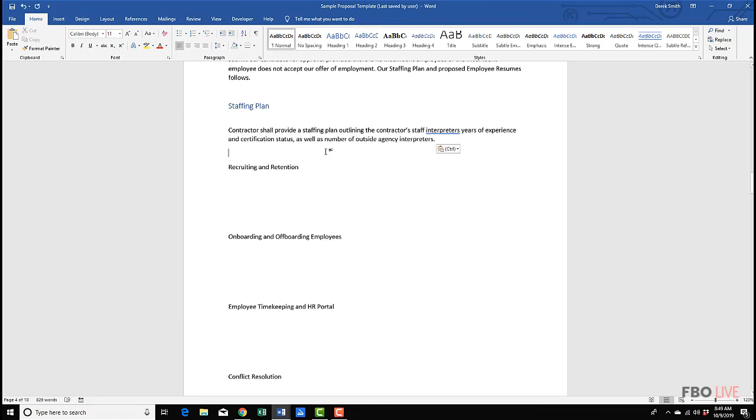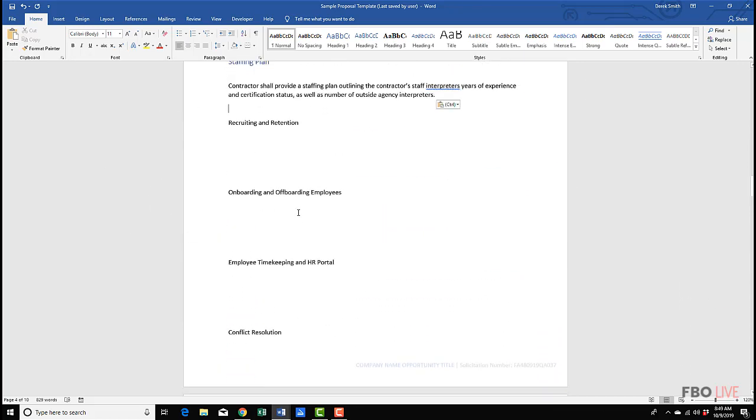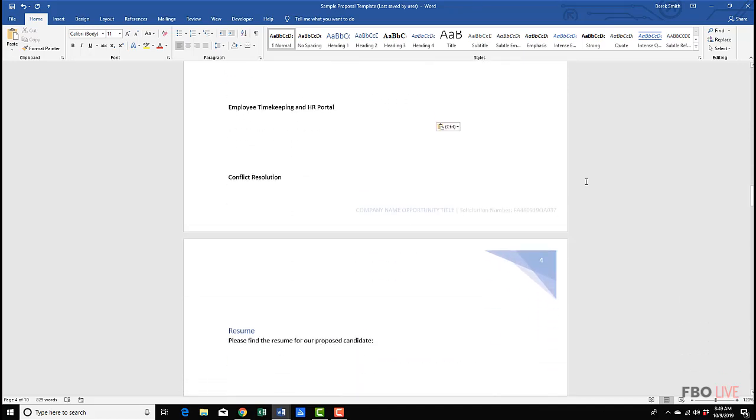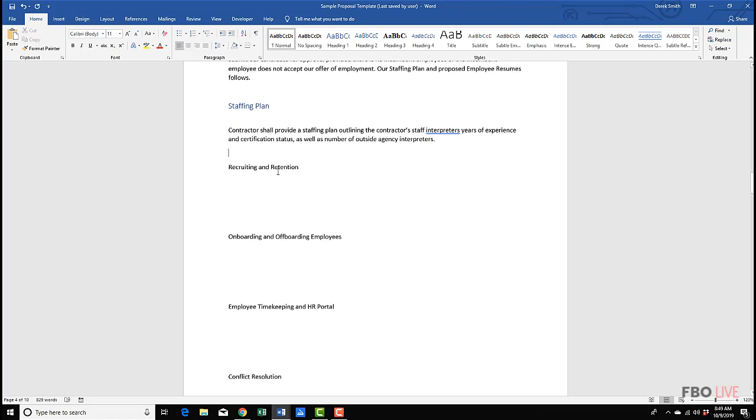So now I'm just copying and pasting that the contractor shall provide a staffing plan, so that we know that's in there, with staff interpreters' years of experience and certification status, as well as number of outside agency interpreters. My guess is if you are a professional services agency, you've done some sort of staffing before, you probably have some sort of staffing plan already created. So you would take that chunk and put that in here into your staffing plan.